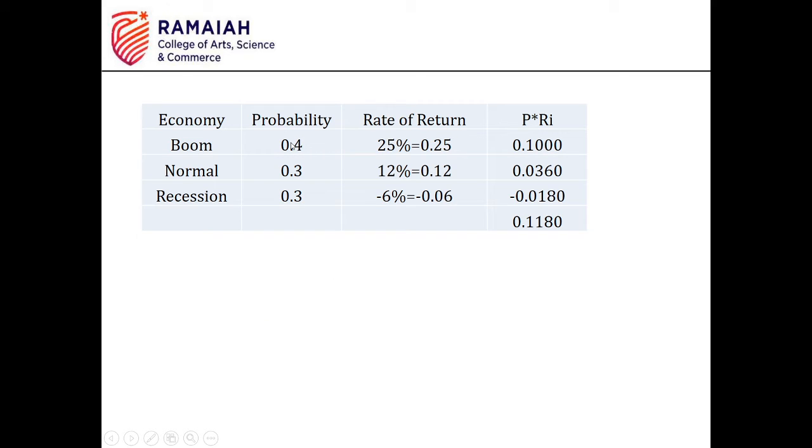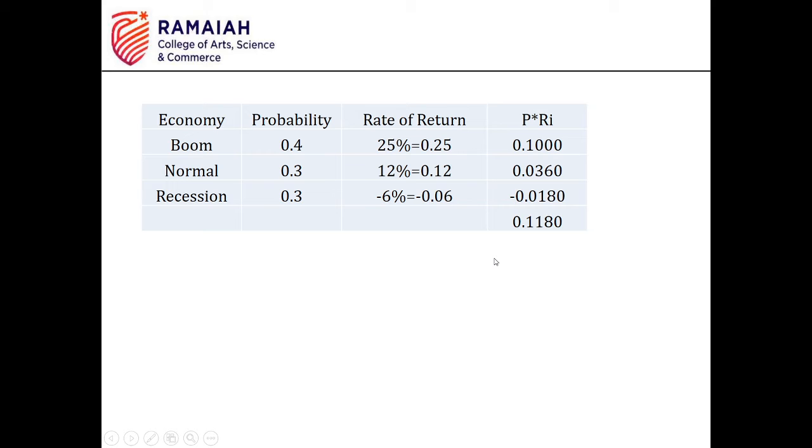Mean is probability into rate of return, which gives you this column. So 0.4 into 0.25, similarly 0.3 into 0.12, and the same for this one. When you add all these three, you arrive at 11.8%. That is the expected return out of your portfolio or the stock.